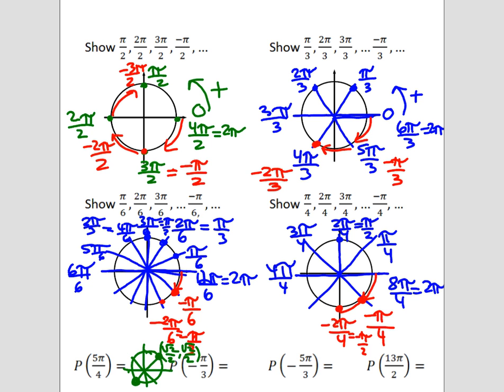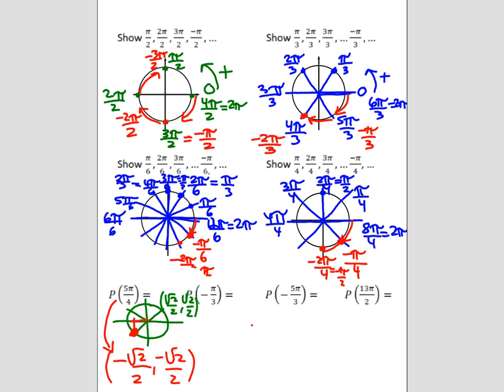But what I'm looking for is down here. So the coordinate would be negative and negative. So my answer will be negative square root of 2 over 2, negative square root of 2 over 2. Sorry, I just respaced the whole thing so you would see better.